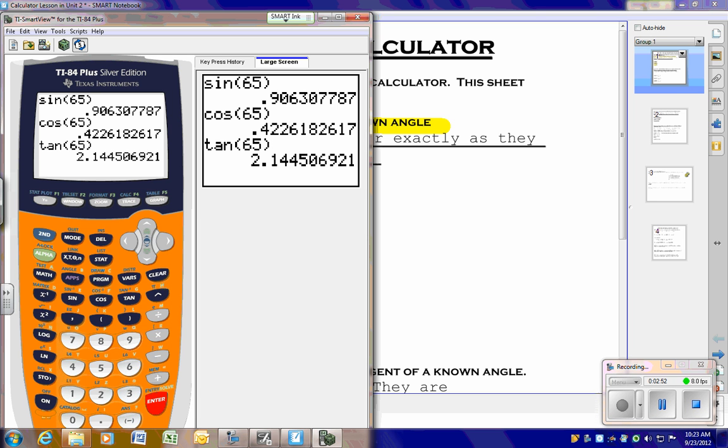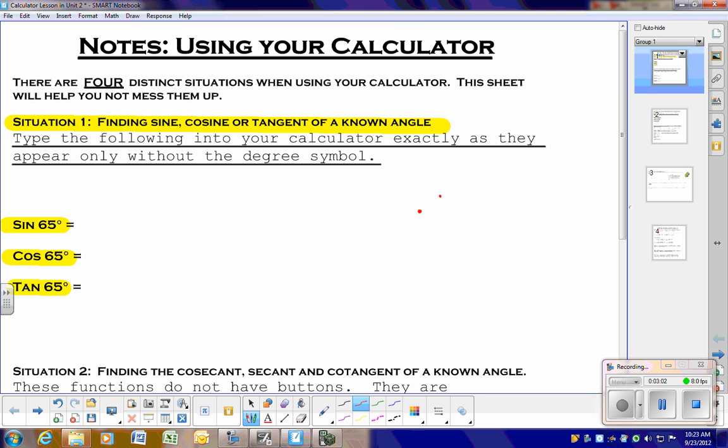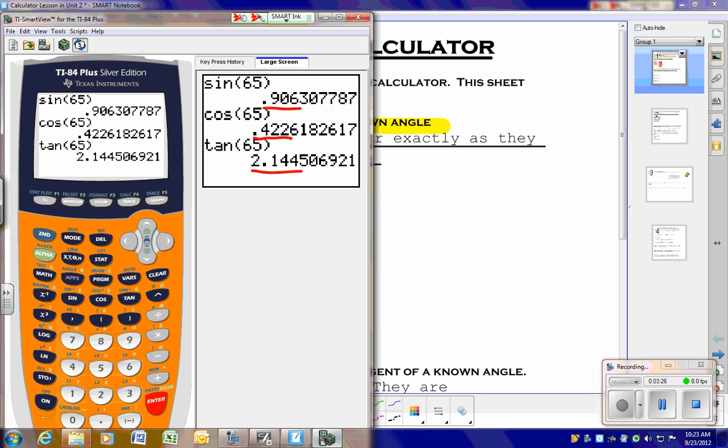So those are my answers, which I would write down to 3 decimal places: 0.906, then 0.423, and the last one was 2.14, and what was the next digit, a 4 or a 5? This would be 2.145.